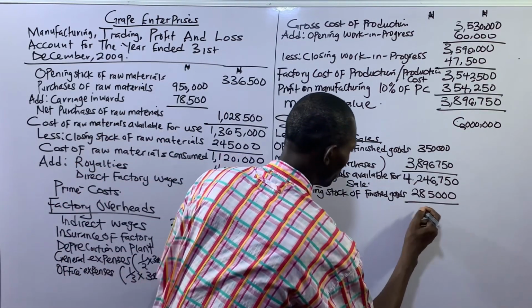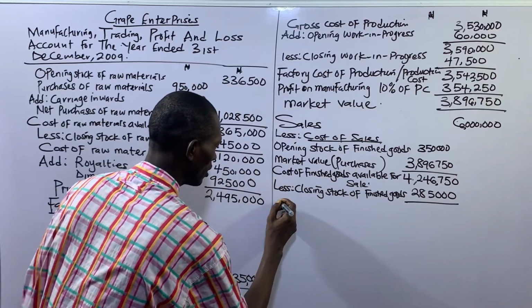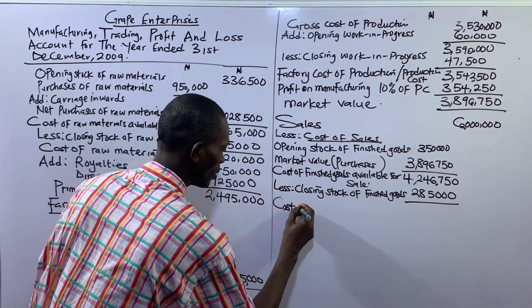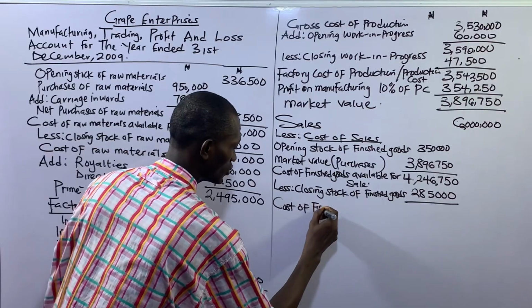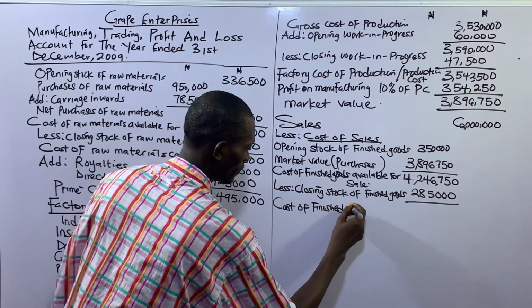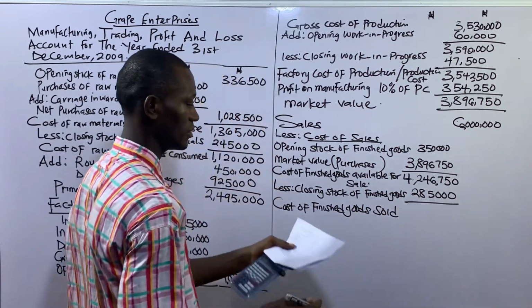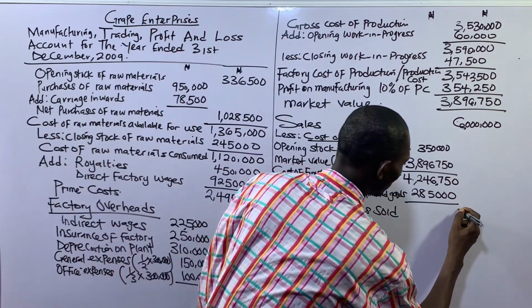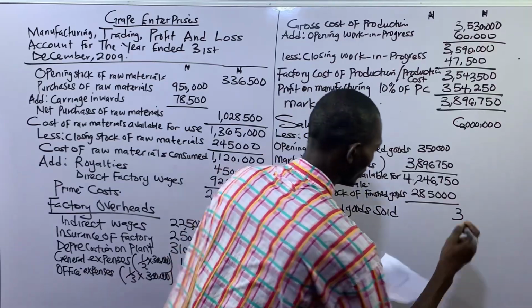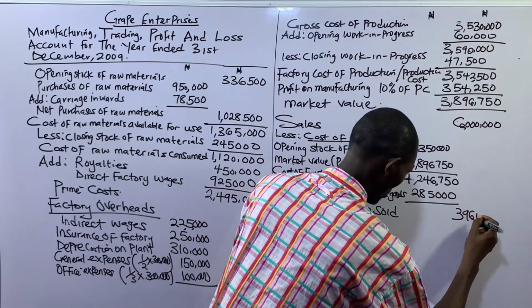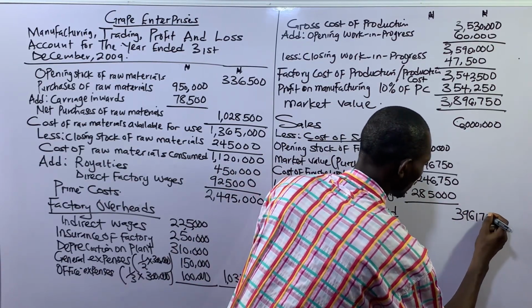So we have 3 million. So this represents our cost of finished goods sold. That's 3,961,750.